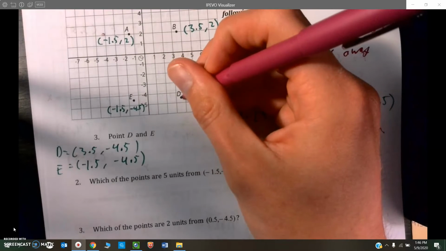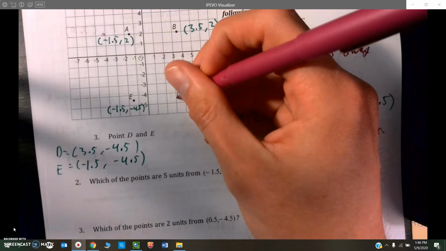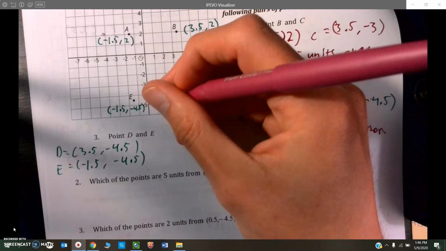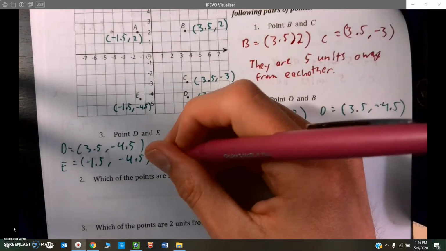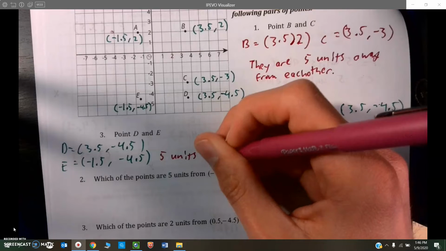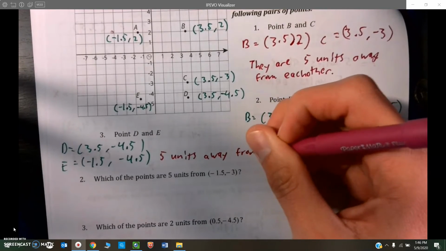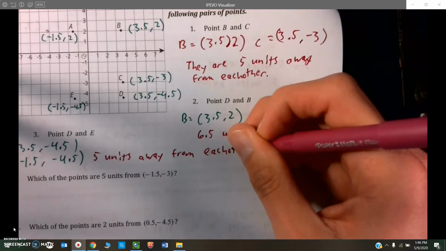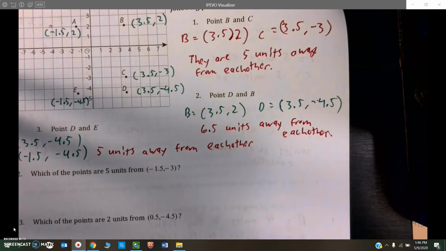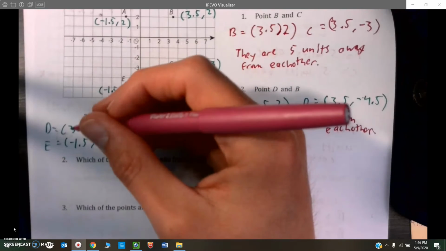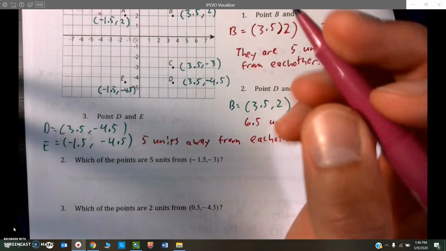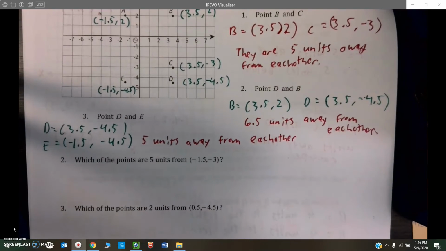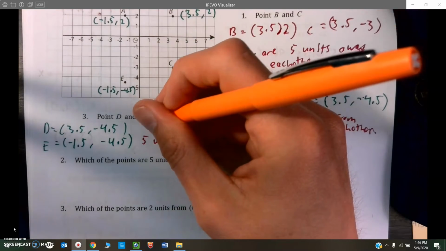And I would have to go a half, 1.5, 2.5, 3.5, 4.5, 5 total. Okay, so once again, because if this is 3.5 units to the right and this is 1.5 units to the left, we put those together and that gives us a total distance of 5.